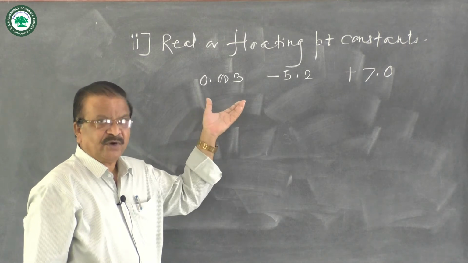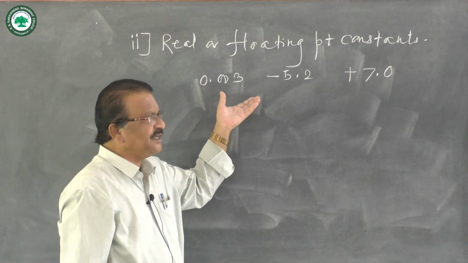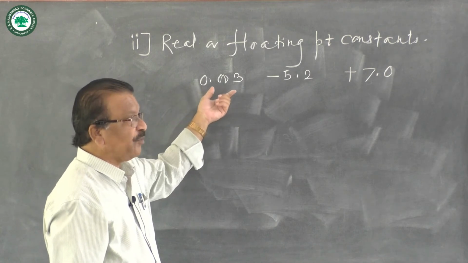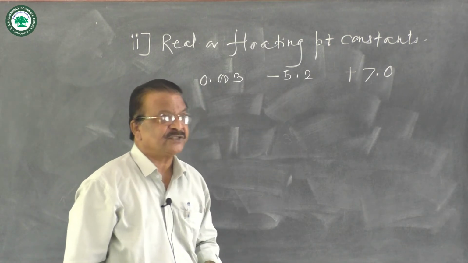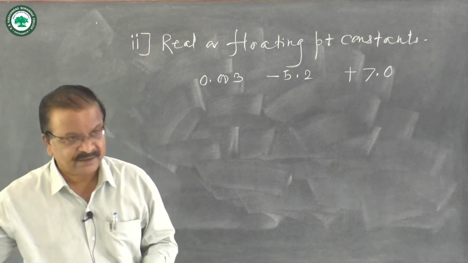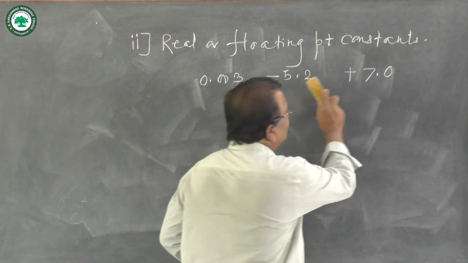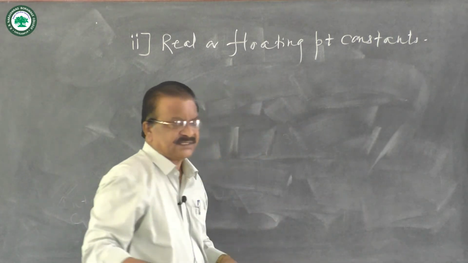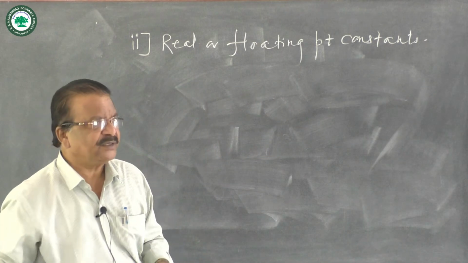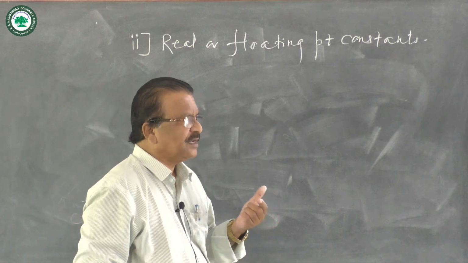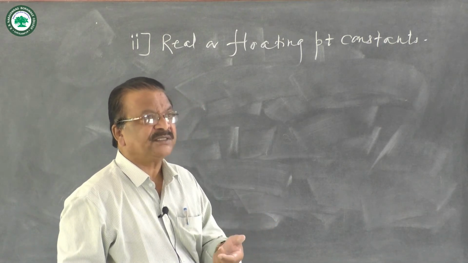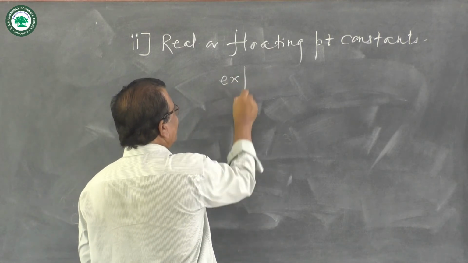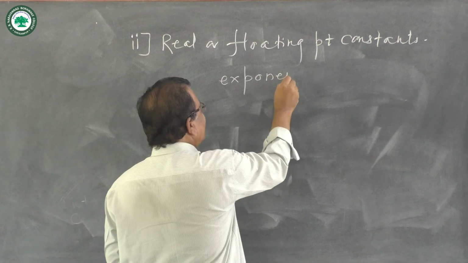These real or floating point constants are written in decimal notation, where a whole number is followed by a decimal point and then a fractional part. It is possible to represent these real or floating point constants in exponential or scientific notation.